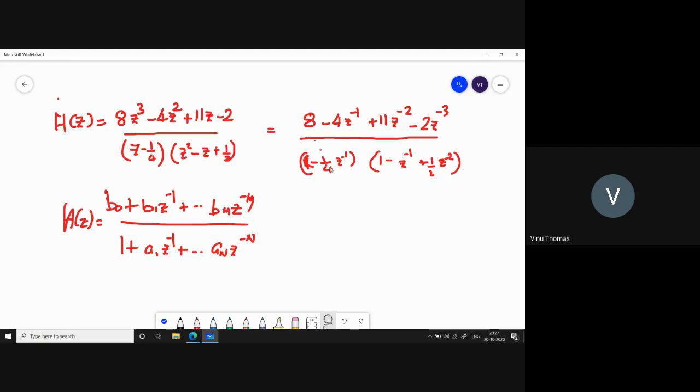So if you multiply this out, I will get in the denominator 1 minus 5 by 4 z raised to minus 1 plus 3 by 4 z raised to minus 2 minus 1 by 8 z raised to minus 3. So I'll just write this out.